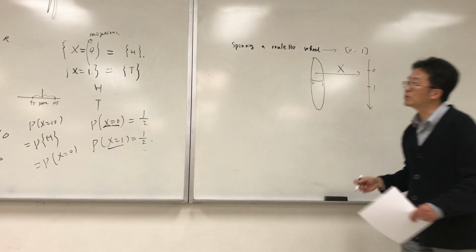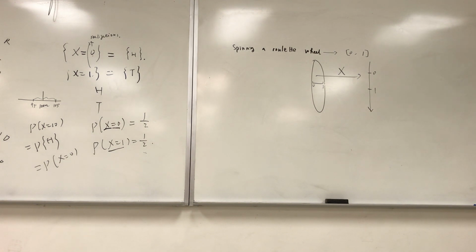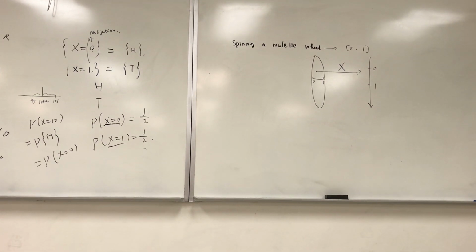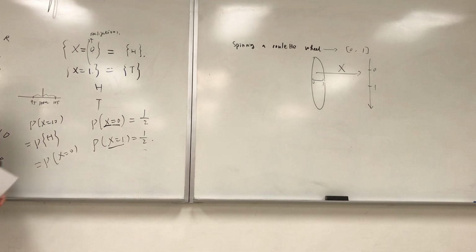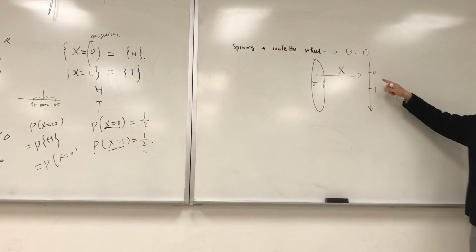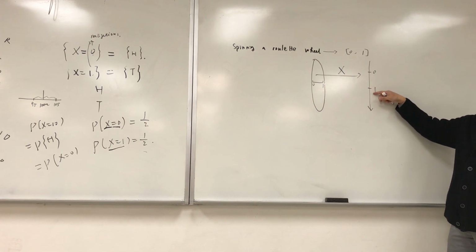Okay, somehow you can see here, for example, for this experiment, the random numbers are called discrete because there are only two possibilities, 0 and 1, for example. But here, this random number can take on infinitely many values between 0 and 1, right?